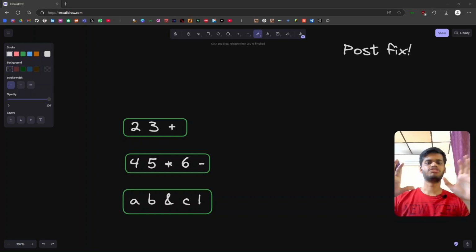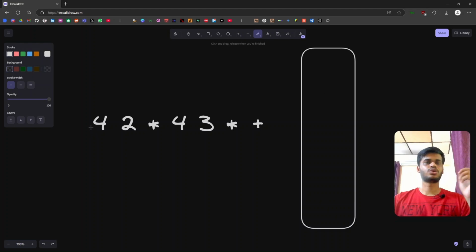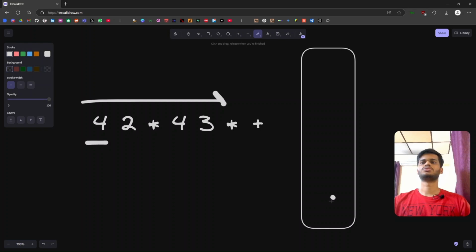To actually evaluate a postfix expression, the standard and most efficient way is to use a stack data structure. It turns out that postfix is straightforward for machines to process and evaluate. Let's quickly solve this example of postfix and evaluate its result. We move from left to right and we use a stack here. So let's go. We first encounter a 4, we push it to our stack.